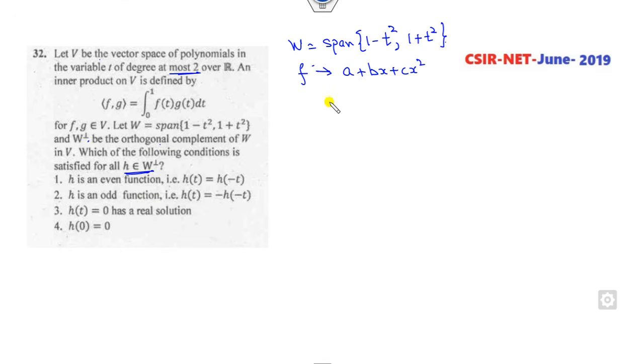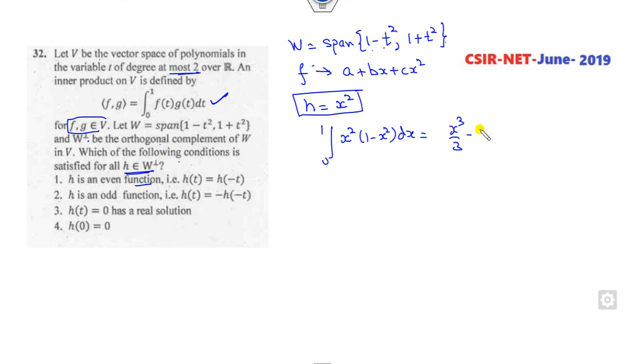It's a polynomial, so firstly I can think about any of the polynomials. This is my even polynomial, so check whether this property holds. I can take F and G belonging to this. If I take x square and 1 minus x square, check whether this satisfies the orthogonal property. It must be 0. It's x cube by 3, x to the 5 by 5, so clearly it will not be 0. So even is not satisfied.